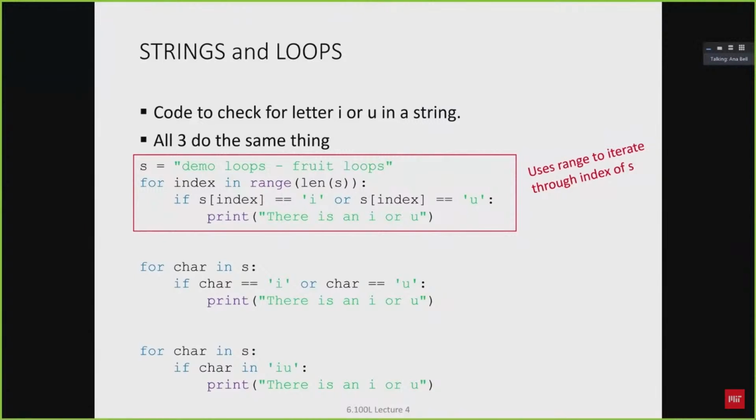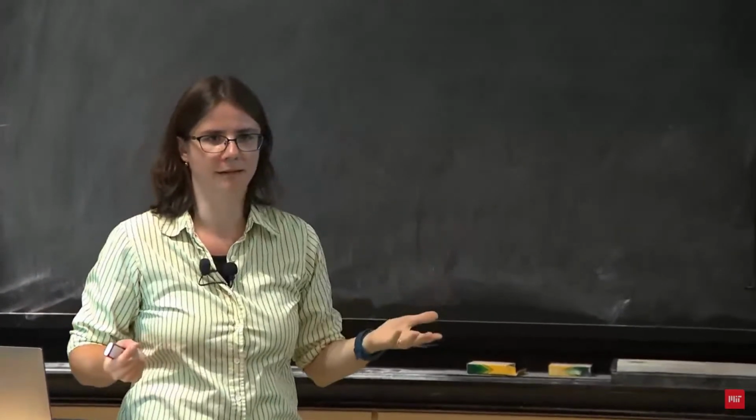But this code can actually be written a lot simpler. Notice it took me a little while to explain it, and at first glance it would probably take you a little time to figure out what it's doing. That's because we're relying on the index as a middleman.